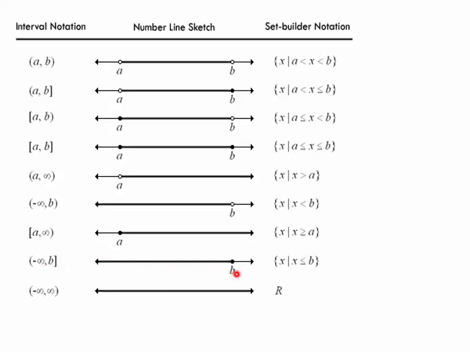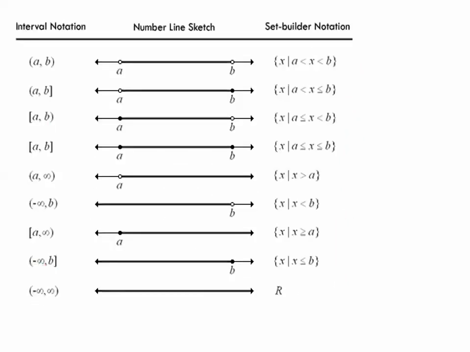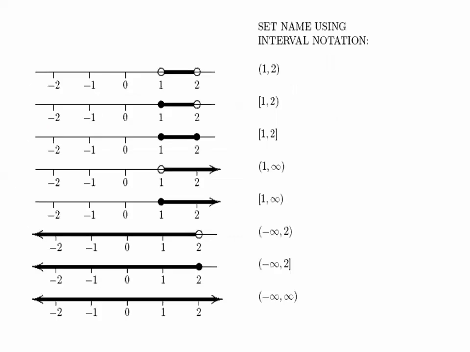This is the set builder notation that represents all these intervals. These are all subsets of R, that is, the set of all real numbers. The same thing has been explained in this slide where a takes the value of 1 and b takes the value of 2. You can go through them.